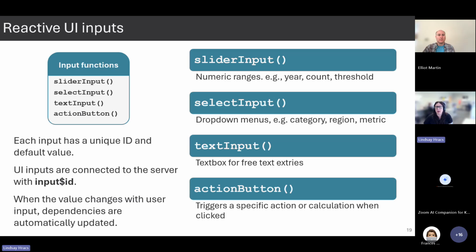Okay. So as I said, there's this reactive part of Shiny apps. The user makes selections, and then the app does some processing to display those selections. Slider inputs take numeric ranges, such as years, counts, thresholds, those sorts of things.